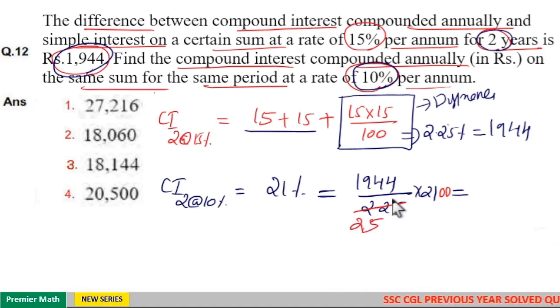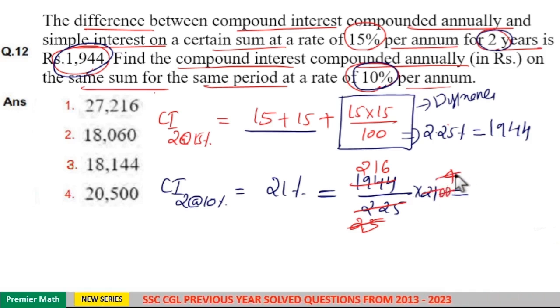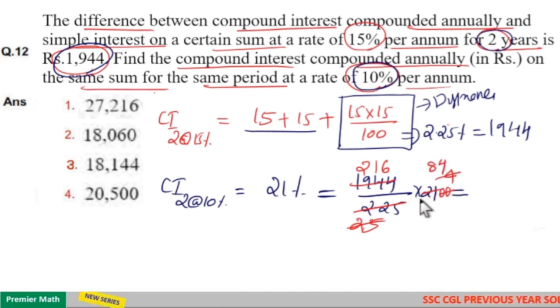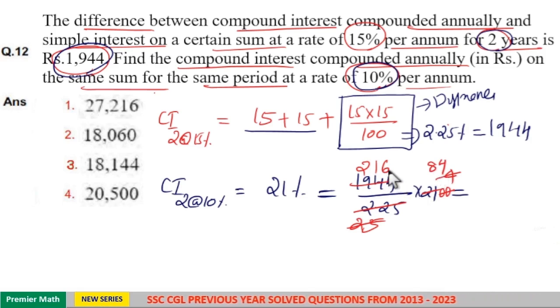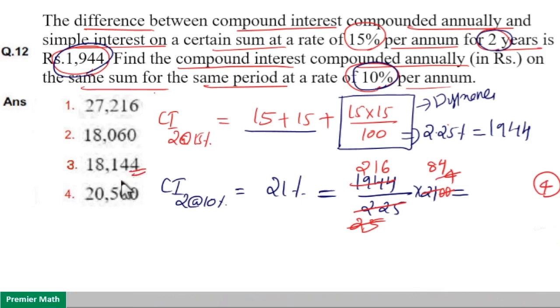Now 9 goes 2 times in 19, remaining 1, 9 goes 1 time in 14, remaining 5, 9 goes 6 times in 54. Now 25 goes 4 times in 100, which means 21 into 4 is 84. Now 216 into 84, 6 into 4 is 24. Unit digit is 4, and unit digit is 4 in option 3. So option 3 is your answer.